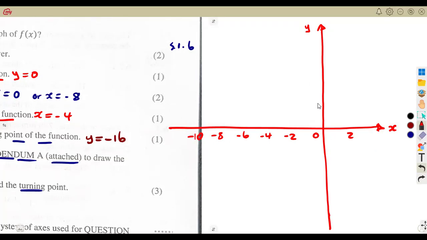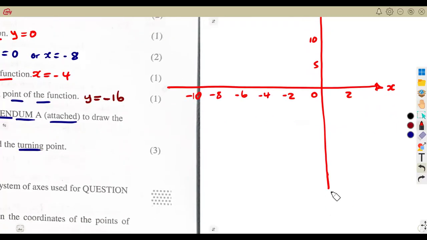Then for the y values, I'm just going to use 5, 10, and so on. Going down, I'm using the same scale, minus 5, minus 10, minus 15, minus 20, to accommodate minus 16. This is the value of y that we have, minus 16 there.